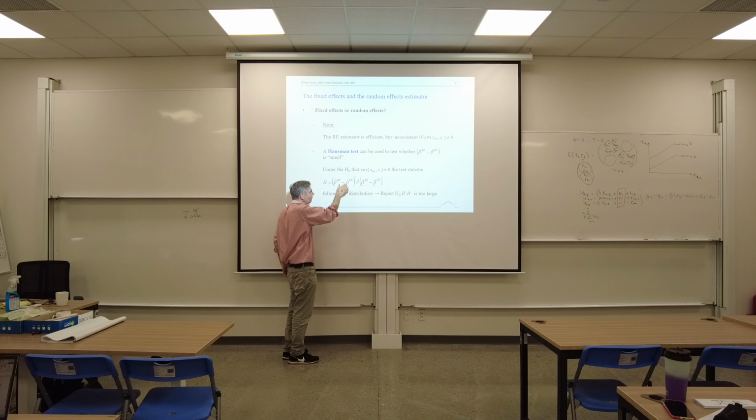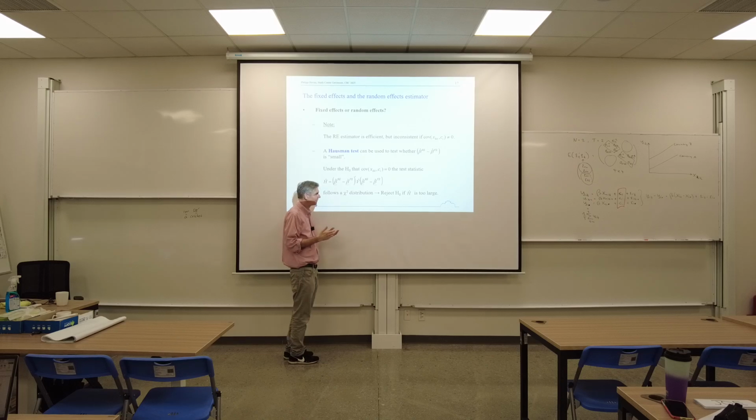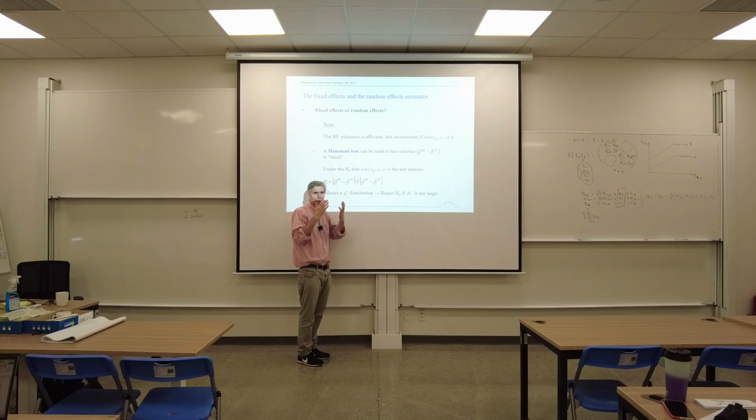Now, please note that this is not a single number. It's 2 vectors. So this makes the whole thing so complicated, right? But under the null, these 2 things should be very close. So if you get a very small Hausman test statistic, then you cannot reject the random effects assumption.